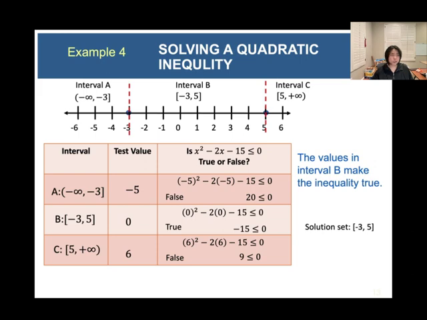So when you're solving a quadratic inequality, step 1, make it an equal sign and solve for your x. Step 2, use the solutions to divide the number line into 3 different regions. Then think about your test value, and plug it into the original quadratic inequality to see which part gives you the true statement.